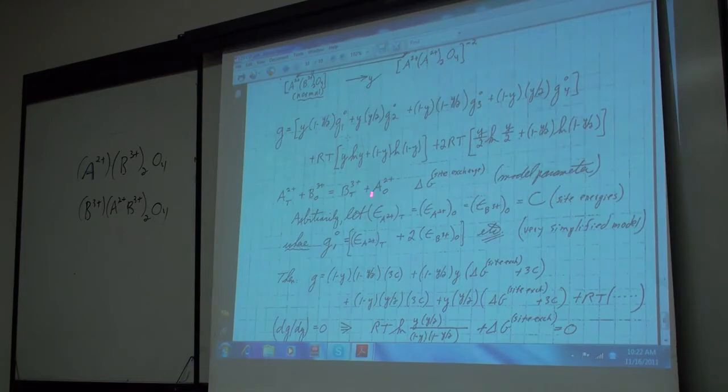And we basically have 4 end-member Gibbs energies. We're only going to need 2. These can all be set equal to the same number. There are only really 2 actual constants in this system. So we can set all 3 of these equal to the same thing without any loss of generality. You'll see in a minute what I mean. So we arbitrarily let all these equal C.